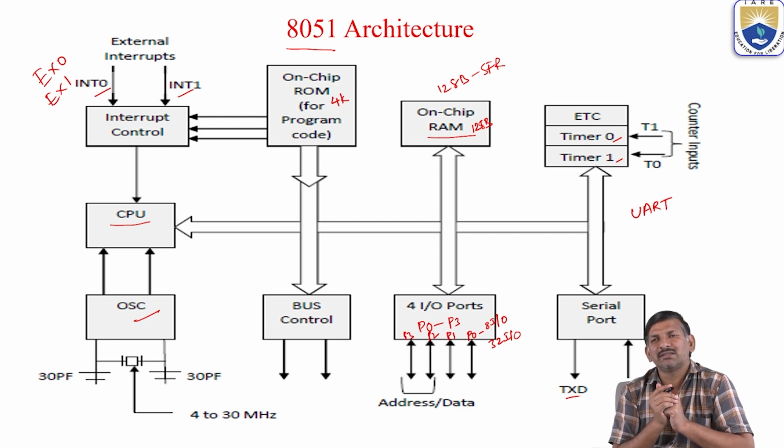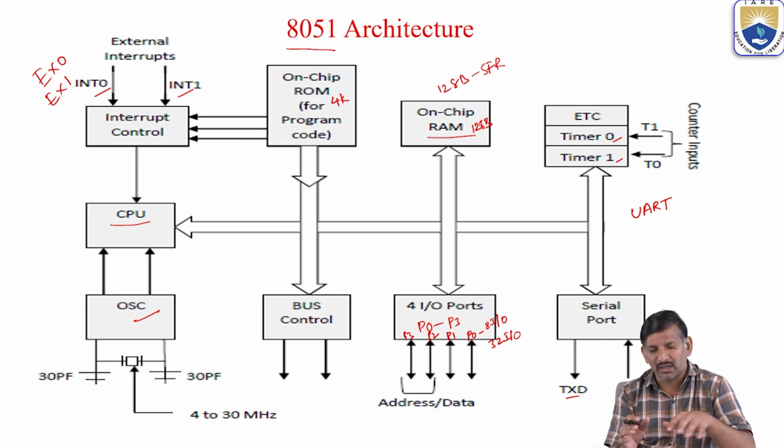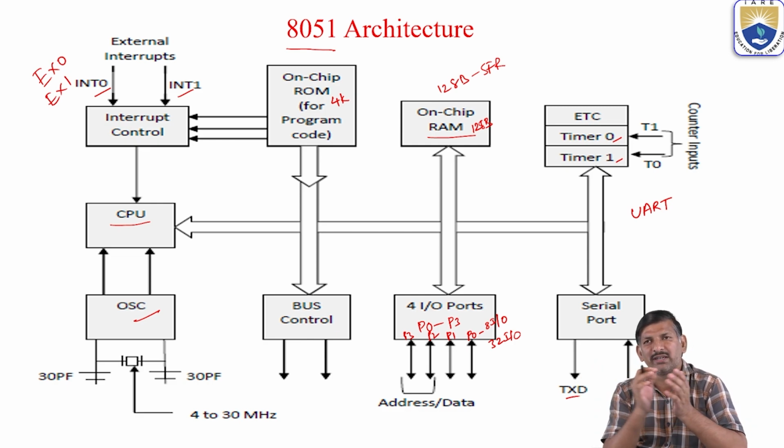So what is the advantage? If I want to design a particular embedded system, I require all these elements. If I use the 8086 processing element, these elements are used separately, externally from the 8086 chip.